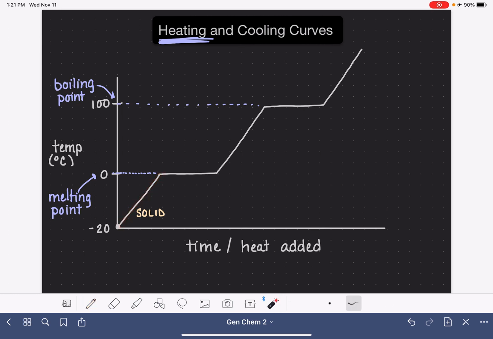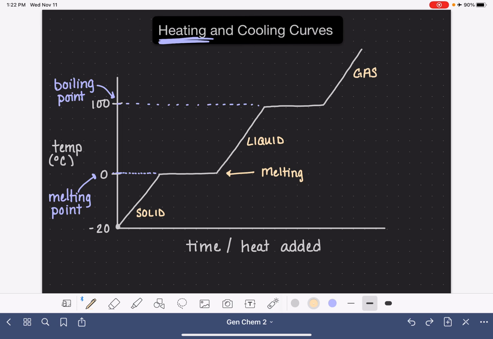And then our second slope right here, this is where it was a liquid. And our last slope up, this is where the sample was a gas. And during the plateaus, this point right here, this is where the substance was melting. So this is where it is converting from a solid to a liquid.